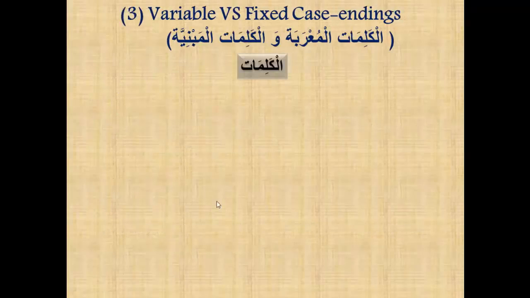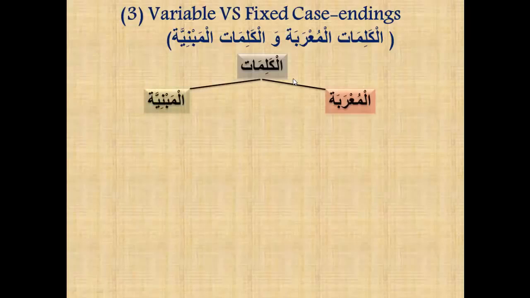Okay, now you might be wondering which words belong in which category. So on the top we have the box al-kalimat. This is the grand totality of all words in the Arabic language. We can break this down into al-mu'raba, variable case endings, or al-mabniya, fixed case endings, the two major umbrella groups.